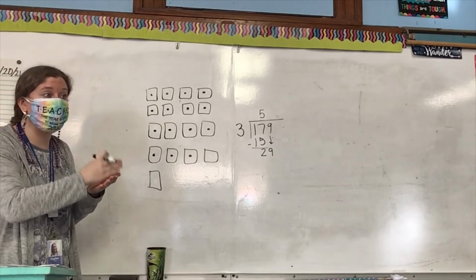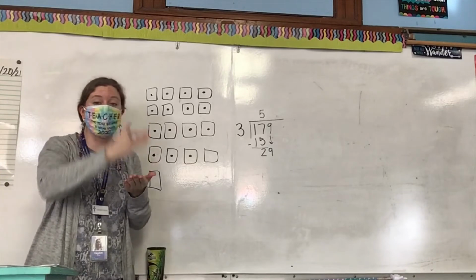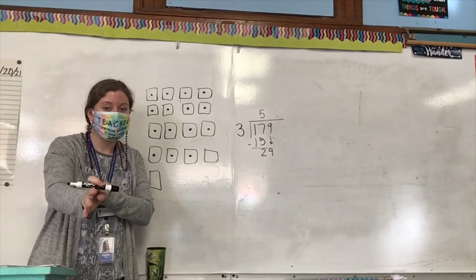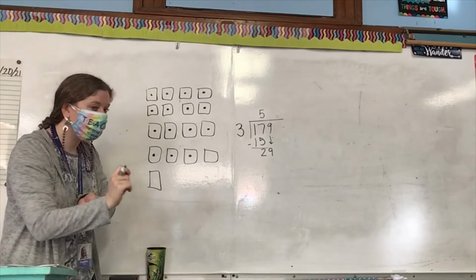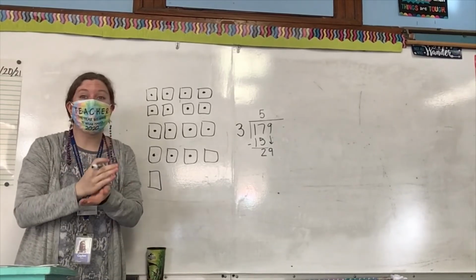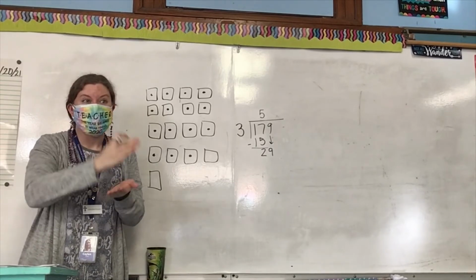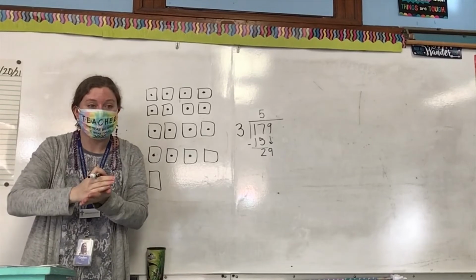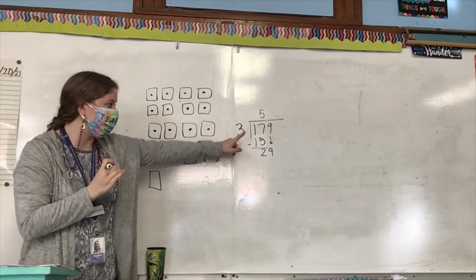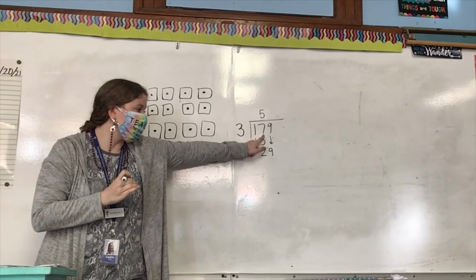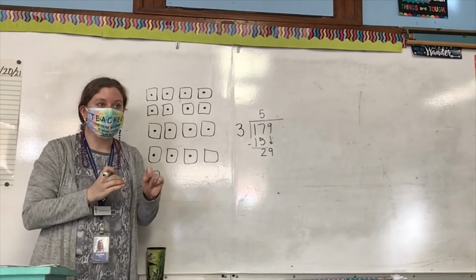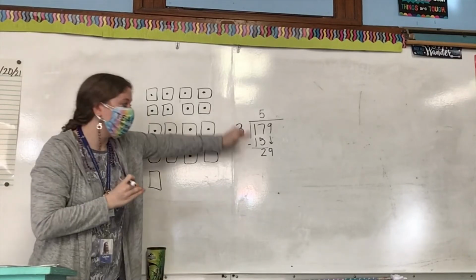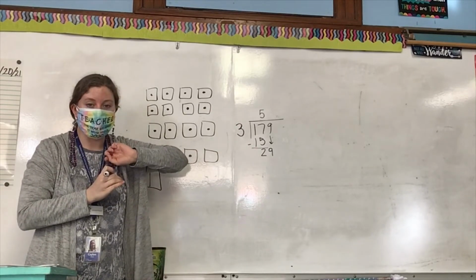Remember, the divide step always starts with see how many times the divisor will go into the, and then that's where it changes. Because it's either the first digit, the first 2 digits, or the new dividend. In this case, Michaela is right. We see how many times our divisor will go into our new dividend.